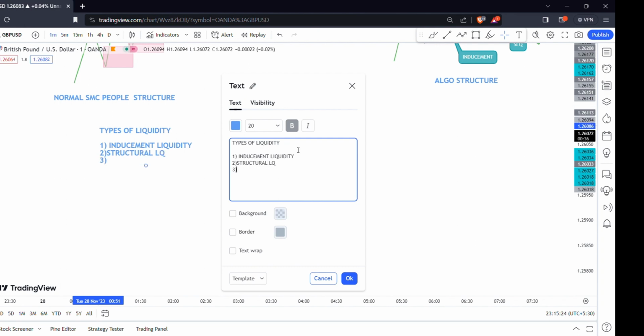Third thing, transactional liquidity. Fourth thing, fundamental liquidity. Nobody talks about the fourth thing. These one to three are available on the internet, but this fourth, fundamental liquidity, nobody is talking about. I will explain it clearly in this video.